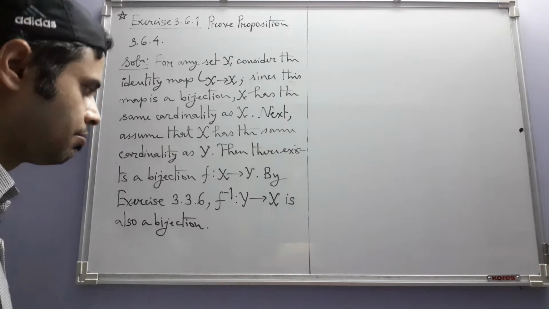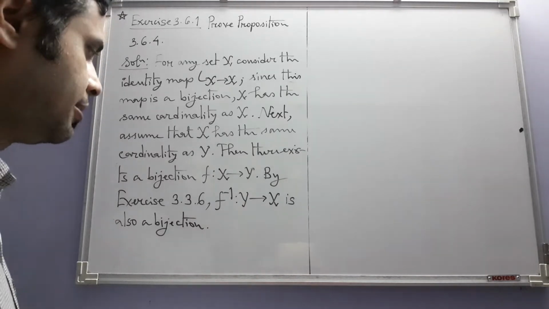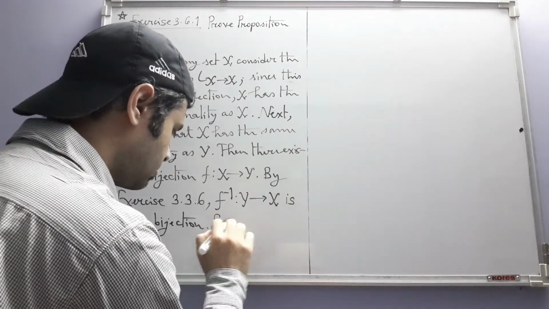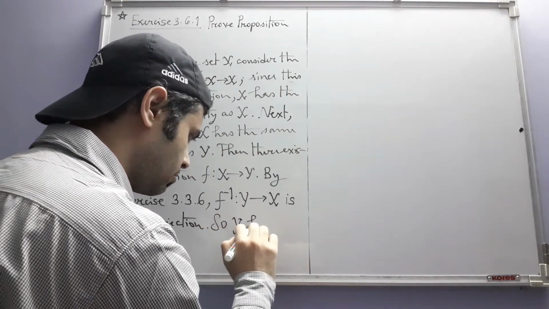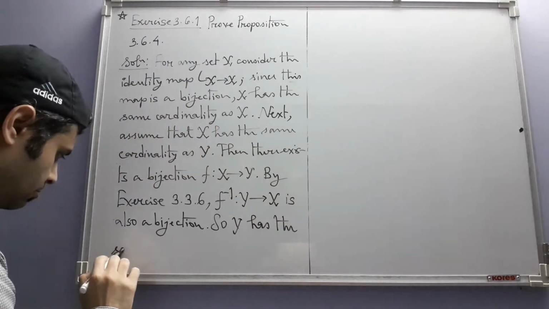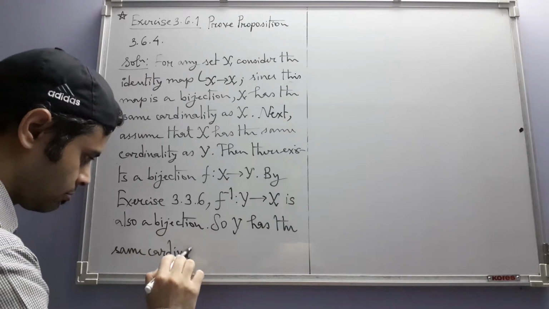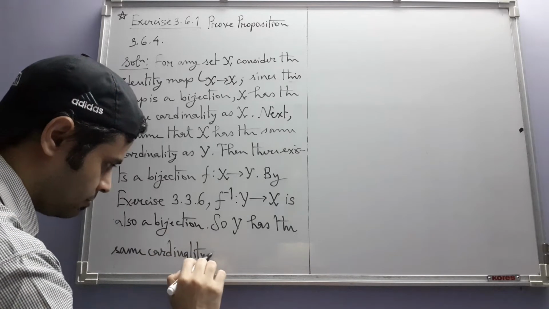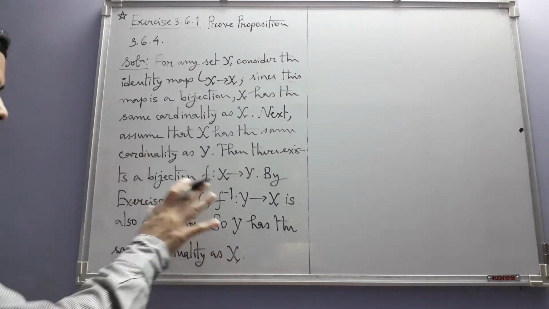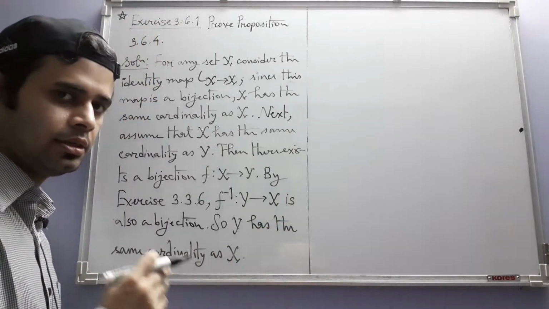So we now have a bijection with domain y and range x. So by definition, y has the same cardinality as x. So that shows that this relation is symmetric, and finally we now show that the relation is transitive.